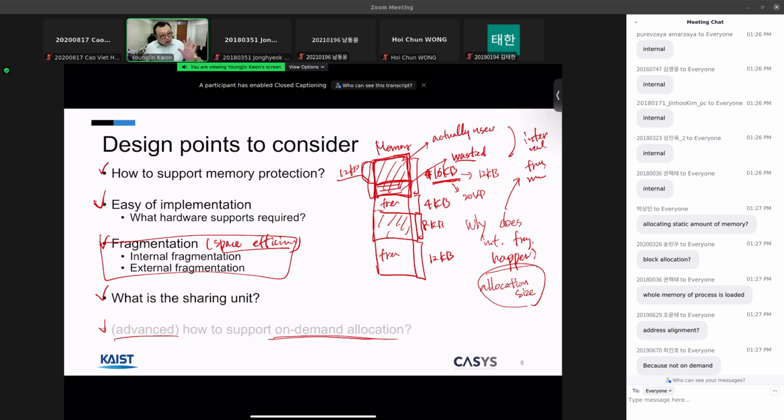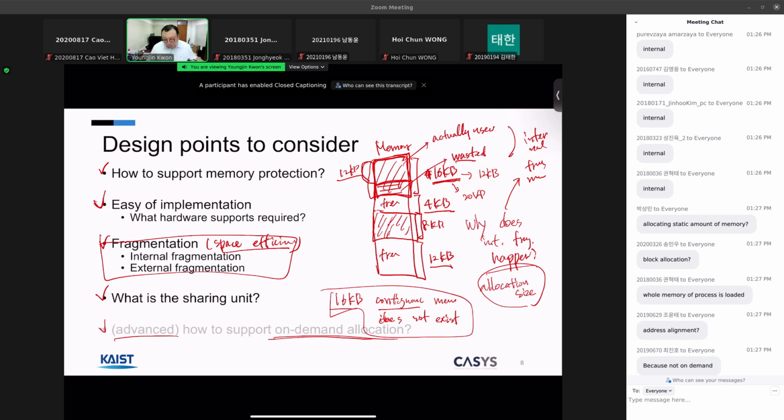Okay, that's one observation. Second, I want to allocate 16 kilobytes of contiguous memory. In total there are 16 kilobytes free, but I cannot find 16 contiguous kilobytes; it does not exist.